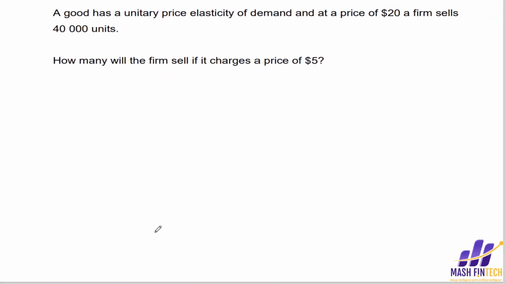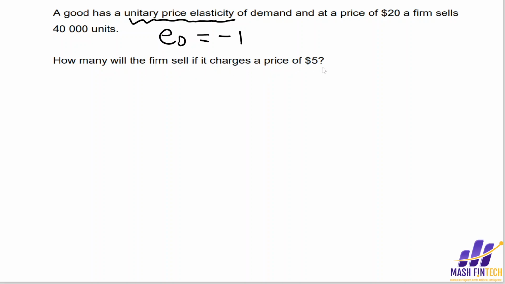The second question says you have a good that is unitary price elastic. If it's unitary, it means the price elasticity of demand is equal to 1. So this unitary here basically means the elasticity of demand has to be equal to -1. All right. What we want to calculate is the units sold.